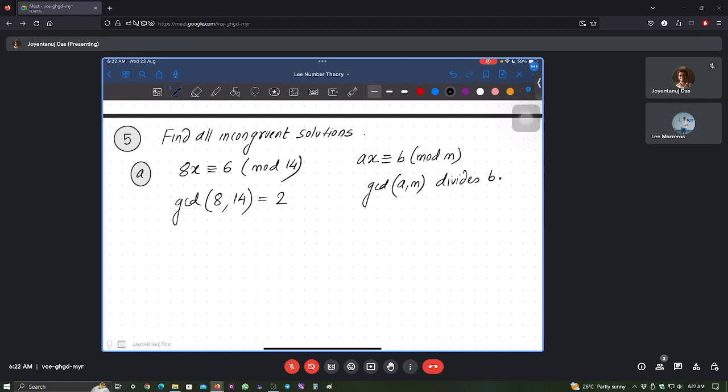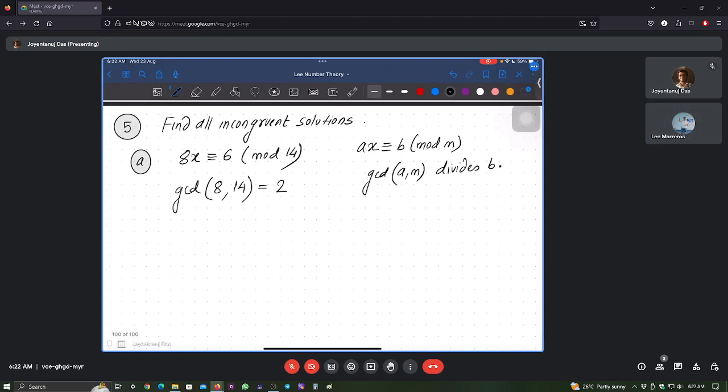So we know the solution exists, but now how to find it?